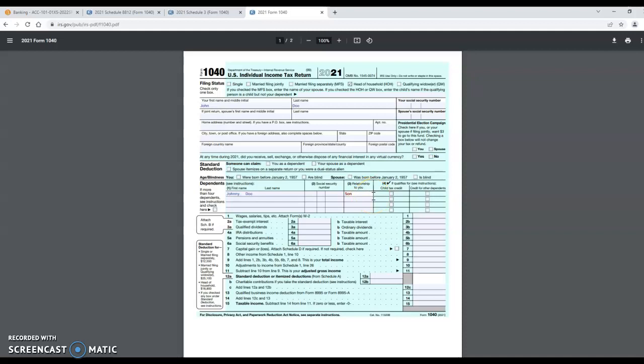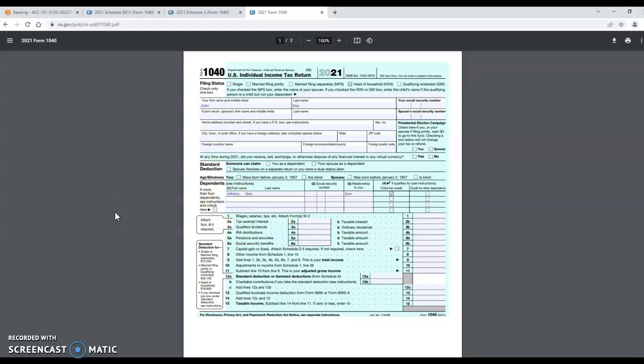Now in 2020 and again in 2022, the age is typically under the age of 17. But for 2021, it's under the age of 18. Johnny is 7, so he's definitely under either one. So he does qualify for the child tax credit, and we would check that box.